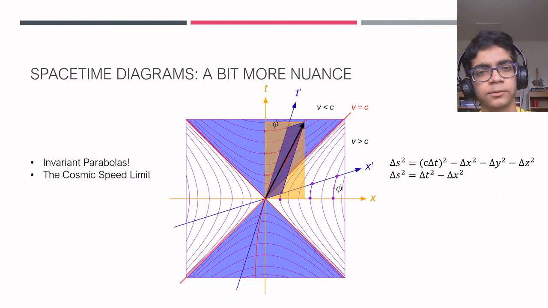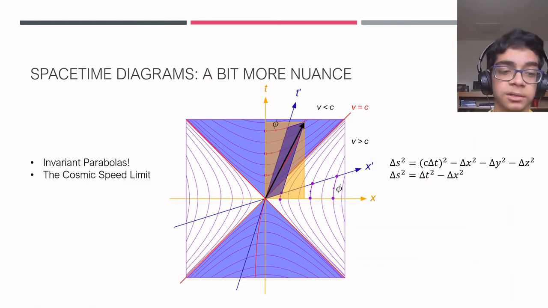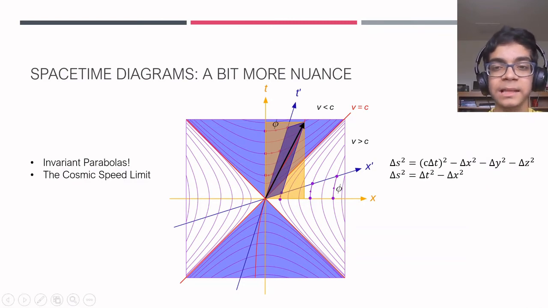Okay, you might be wondering, so what does this tell us? Well, let's set the space-time interval equal to some number: 0, 1, 2, 3, and so on, whatever you'd like it to be. And let's graph the resulting curves that occur.